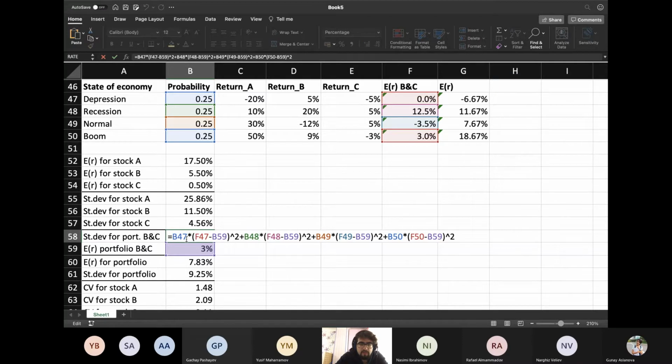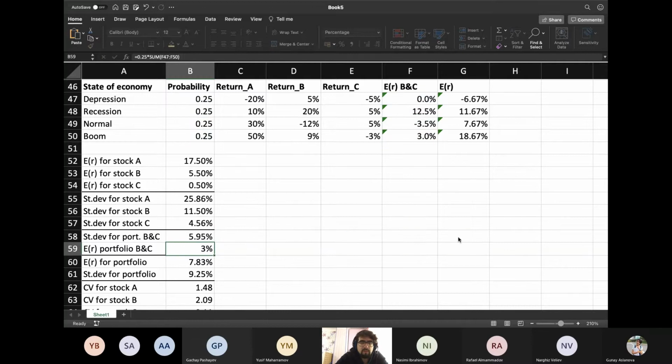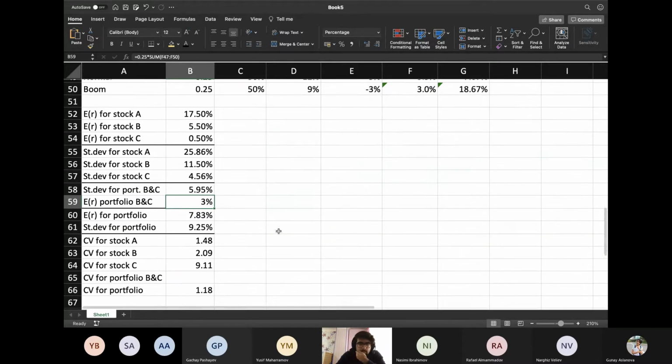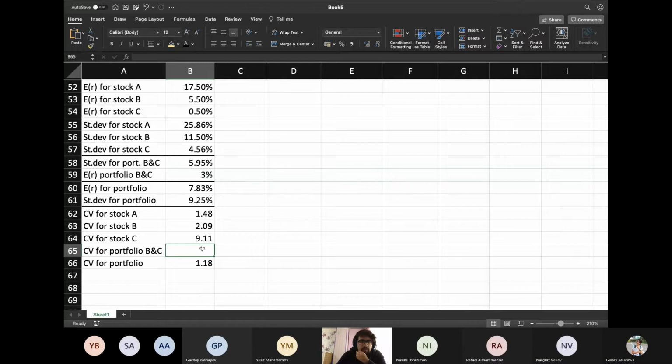And it is variance actually, so take the square root of it because we need standard deviation. So the coefficient of variation is equal to the standard deviation of the portfolio divided by the expected return on the portfolio.